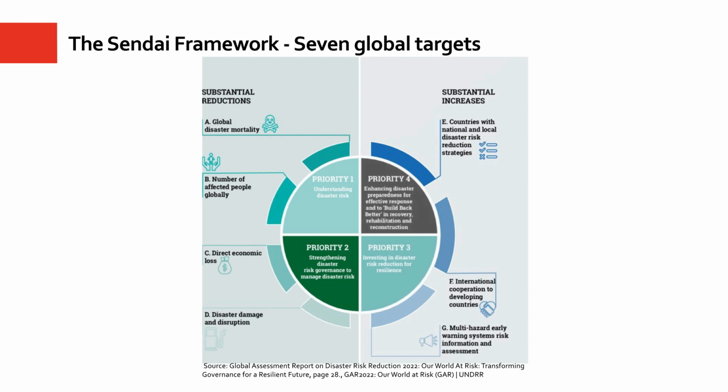Priority 3, investing in disaster risk reduction for resilience, includes public and private investment in measures which will prevent and reduce losses. Last but not least, priority 4, enhancing disaster preparedness for effective response and to build back better.